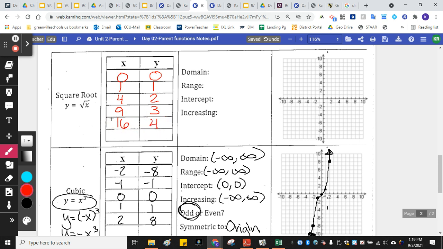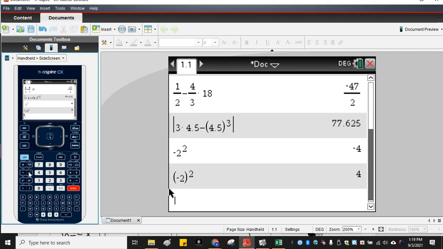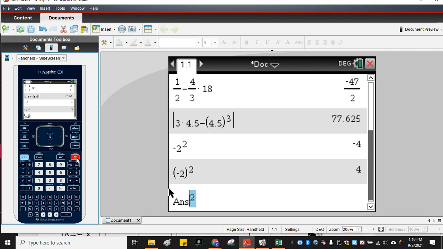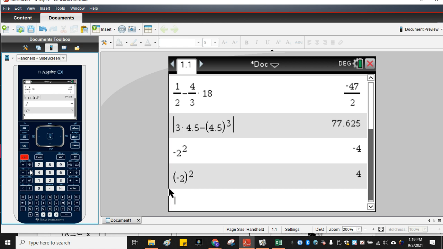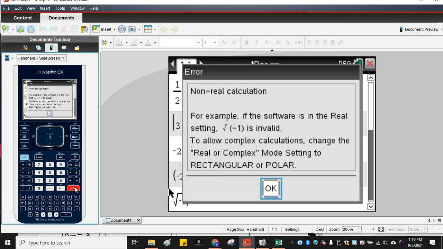So why didn't I use -2? Because I didn't want you to use -2, -1, 0, 1, and 2. Why would that be? The square root of a -2 is non-real.